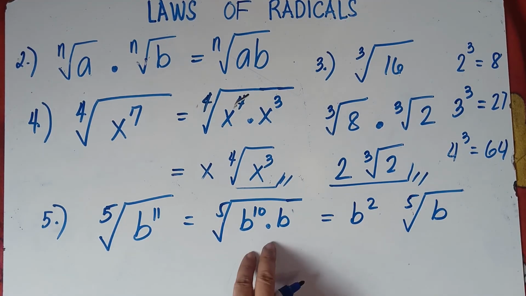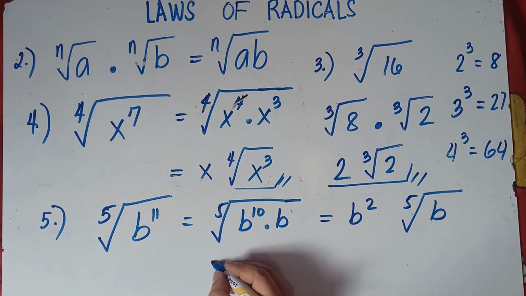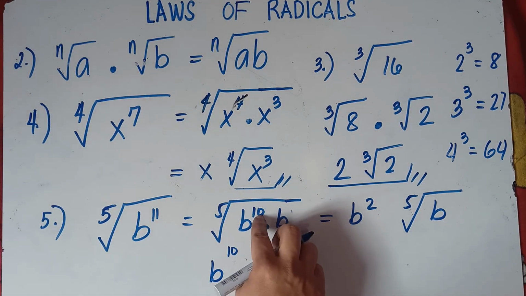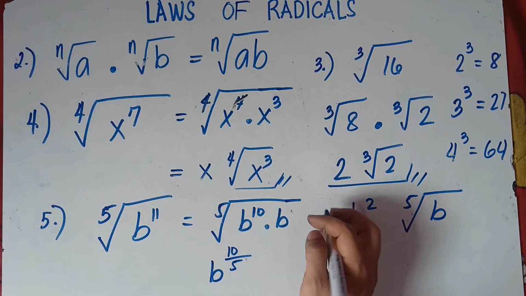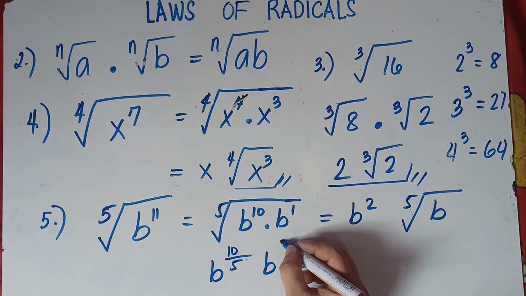Because if we make this one individually, just remember, class, we can write this one as b raised to the power of 10. This exponent will be the numerator of the fractional exponent, and then this 5 will be the denominator. And this b raised to the power of 1, we can write as b raised to the power of 1 over 5.